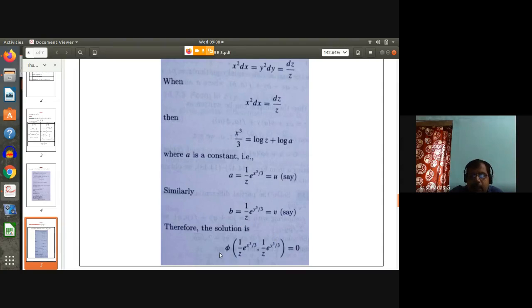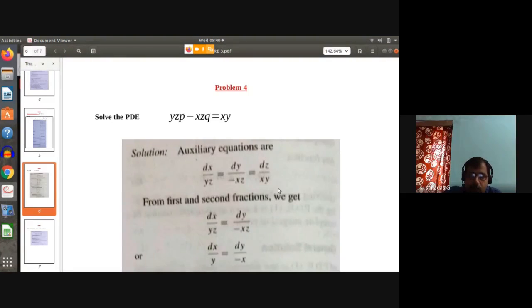Both are independent and the general solution can be written as phi of e raised to x cube by 3 by z, comma e raised to y cube by 3 by z equal to 0. So this is the idea of finding the general solution to the given partial differential equation.